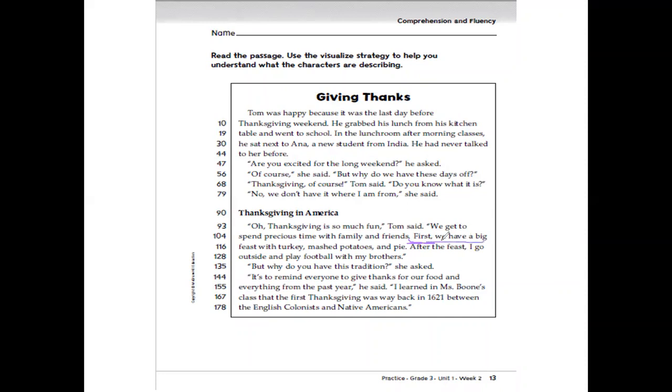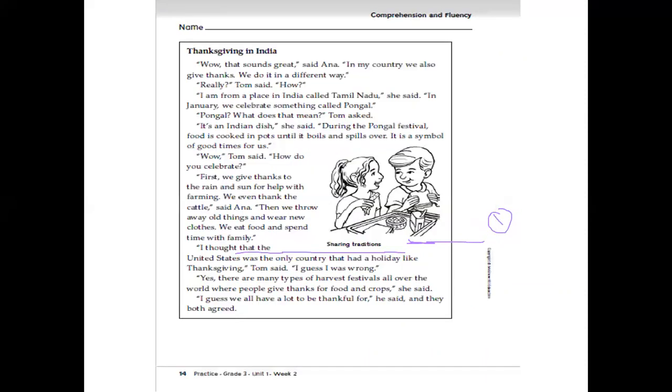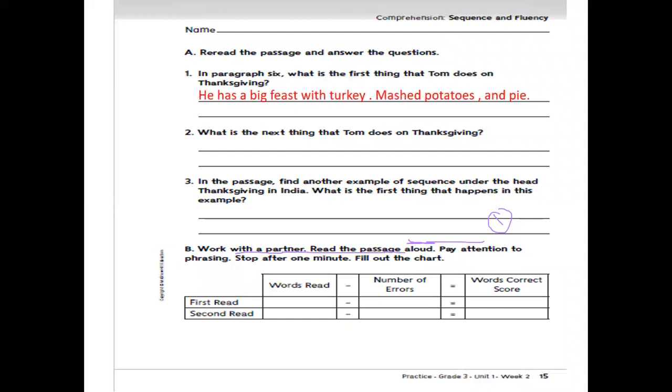First, we have the big feast with turkey, mashed potatoes, and pie. So this is the first answer. Let me change the color, it's not clear. So let's write here: He has a big feast with turkey, mashed potatoes, and pie.